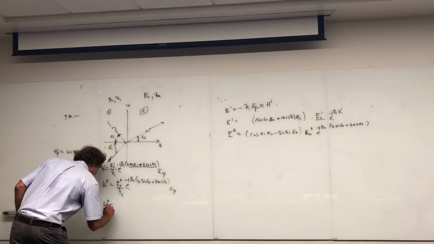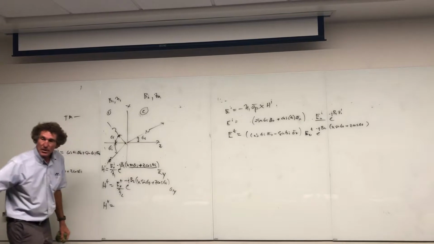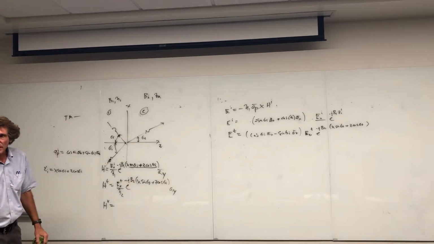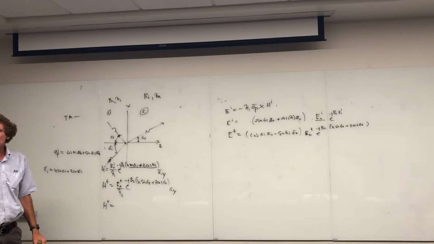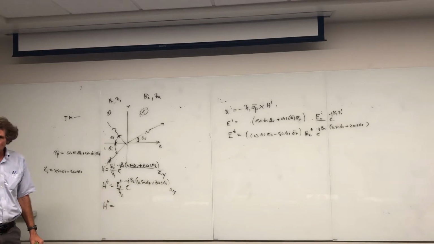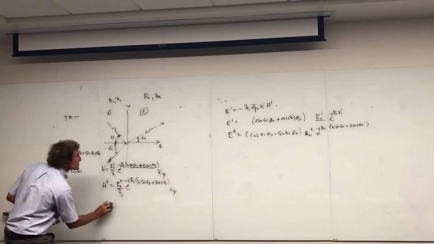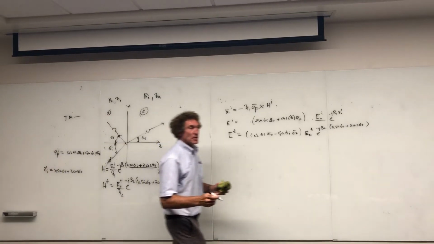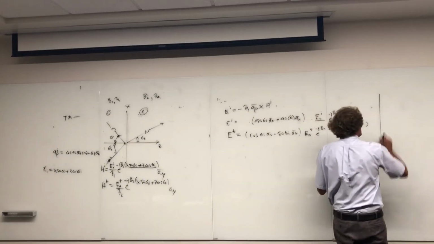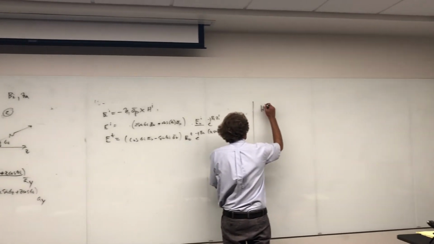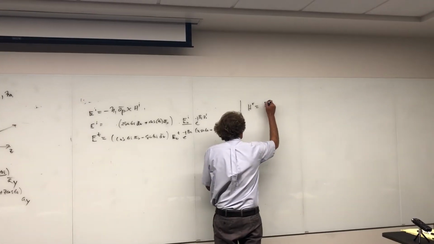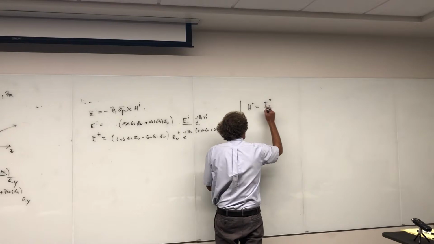So what I can do here is say that H reflected. Now look at the book on this one, and the reason this is the case is because the reflection coefficient is determined as the ratio of E naught reflected over E naught incident, not H naught reflected. You got me on that one? And because of that, you're going to get a minus here. For some people, this might be hard to see, so let me put it up here so everybody can see it. Here you're going to get H reflected, and that'll still be equal to E naught reflected over eta 1.